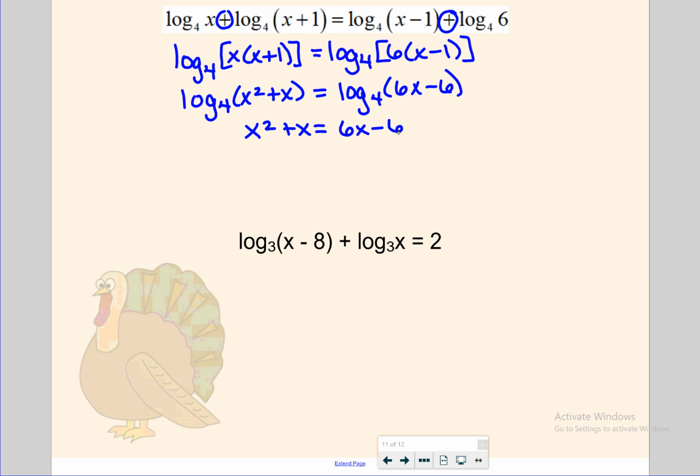We know how to solve a quadratic. We get everything equal to 0, so I'm going to move everything over to the left to keep that x squared term positive. If I subtract 6x, I get negative 5x. If I add 6 over, I get plus 6 equals 0. And then that should factor. What does it factor to?